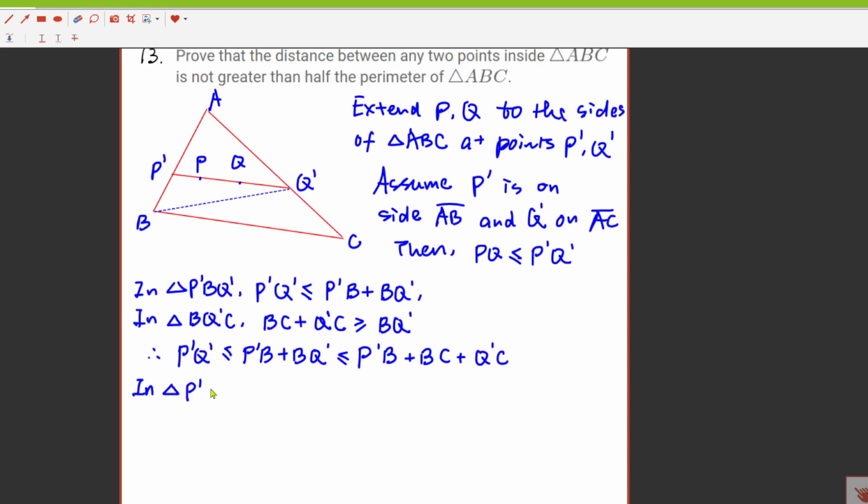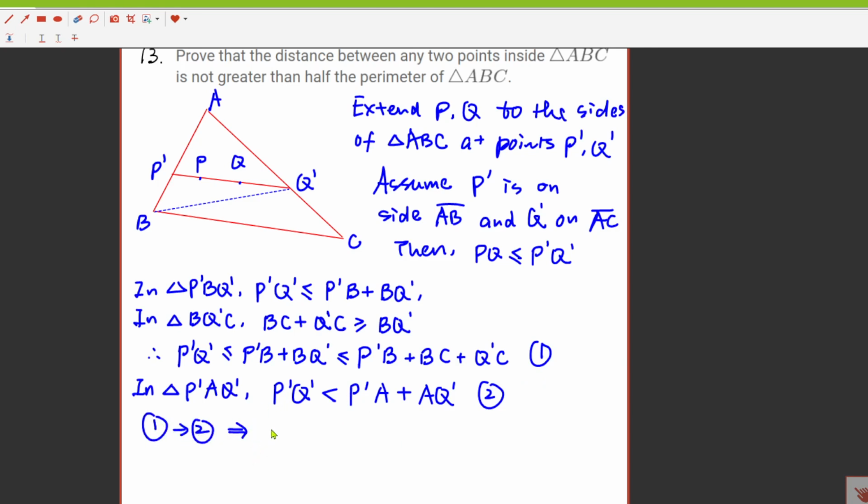And we could also make use of the triangle inequality in triangle P prime A Q prime. In that triangle, we have P prime Q prime is less than P prime A plus A Q prime. So we could add the first inequality to inequality 2.